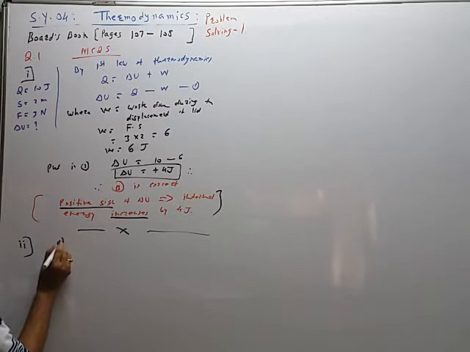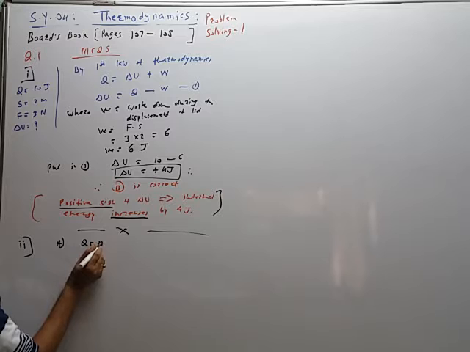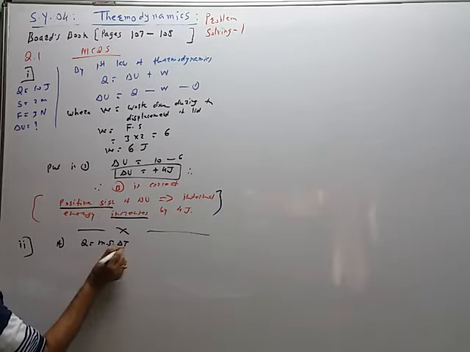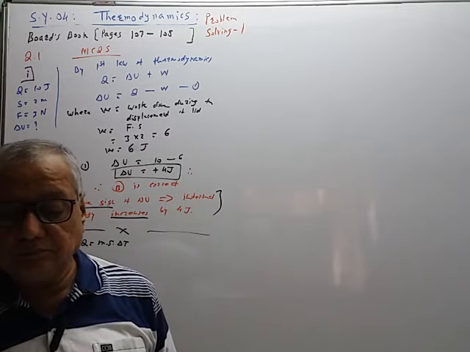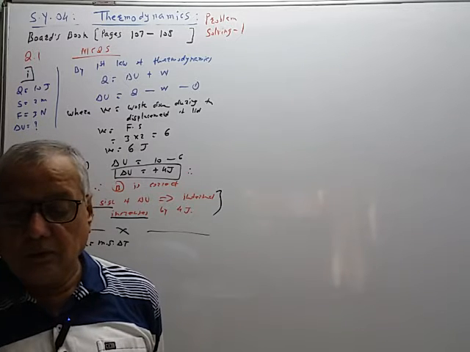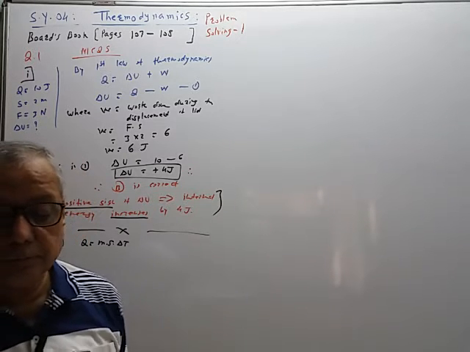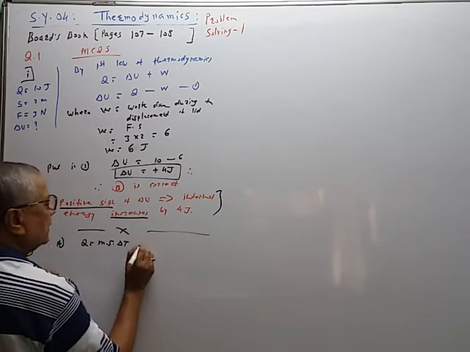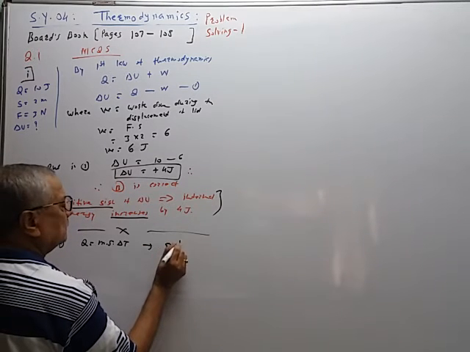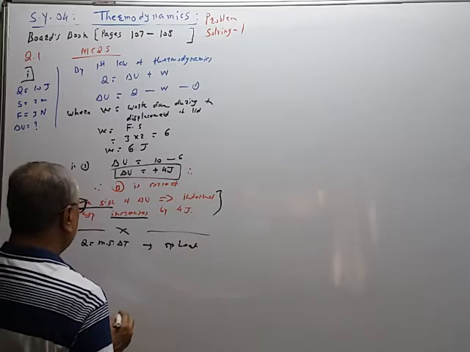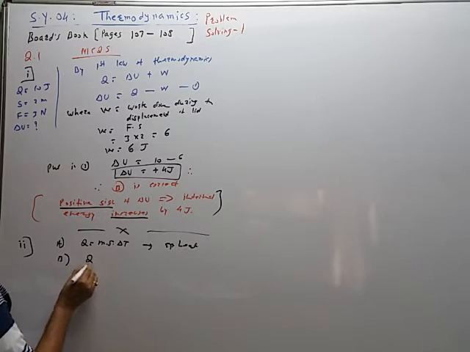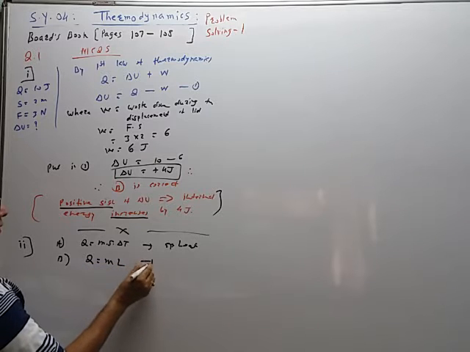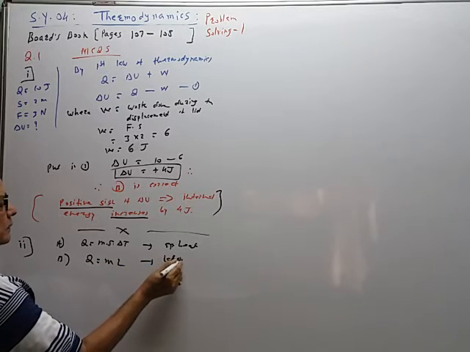Q is equal to M into S into delta T, where S is the specific heat. So it is related with the specific heat. B, Q is equal to M into L, it is related with the latent heat.